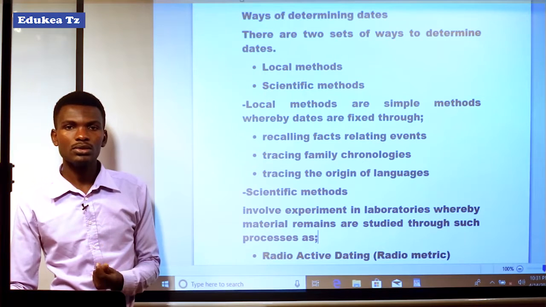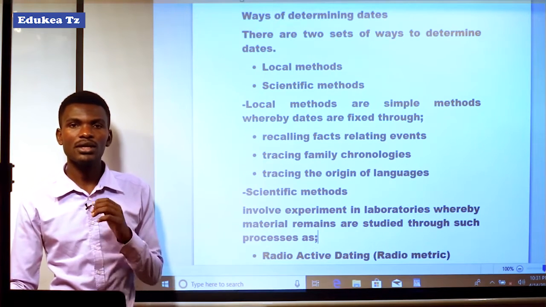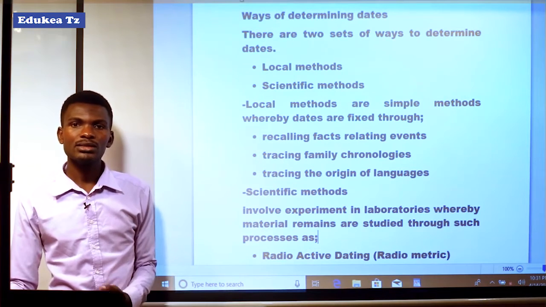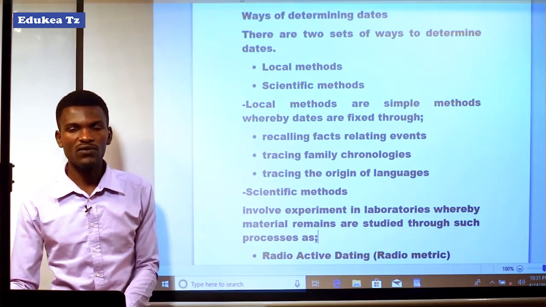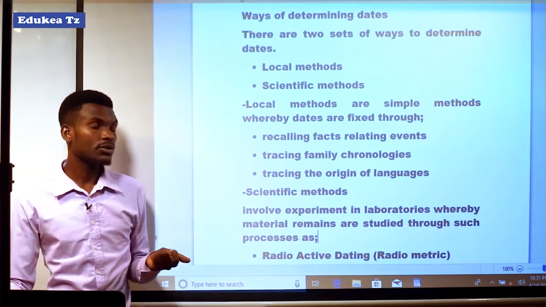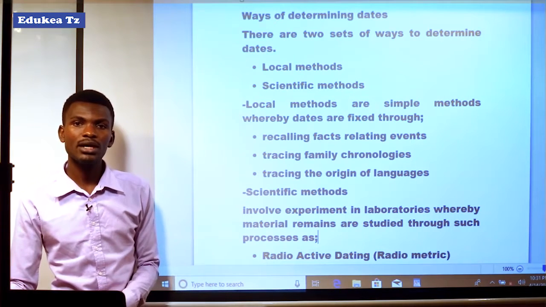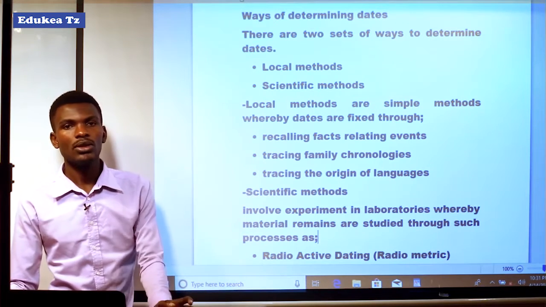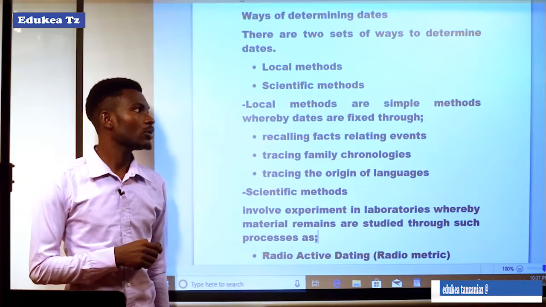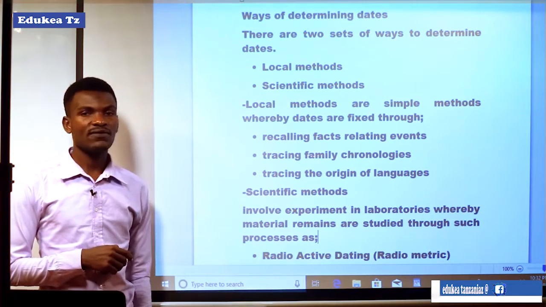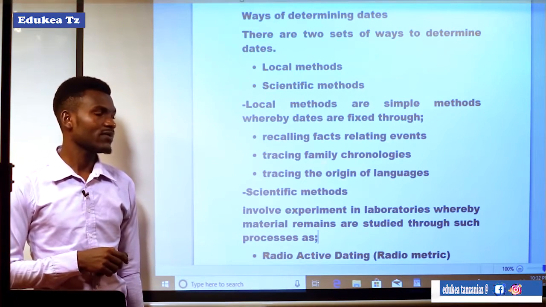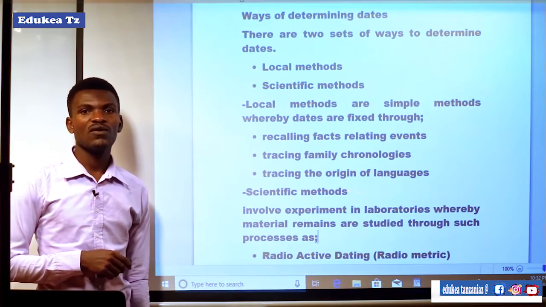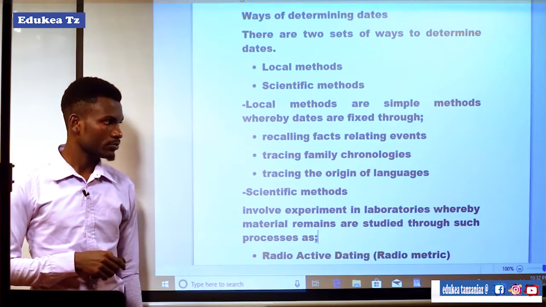We may find that this contact between Africa and the external world was maybe in the 16th century or from the 15th century. So up to there you will be able to determine the date of a certain event. That's the way we use in local methods: you record the facts relating to events, trace family chronologies, and trace the origin of languages.